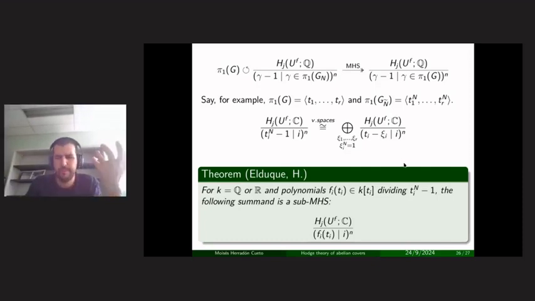If you wanted to make a statement over the reals, you would have to take conjugate pairs of roots and put them together. And if you wanted to talk about the rational numbers, you would take Galois conjugate sets and put them together. So really, instead of saying Galois orbits, you could look at the minimal polynomial, which is what I'm saying here.